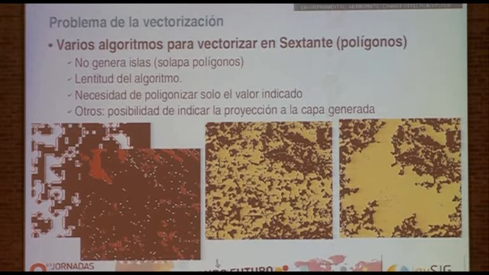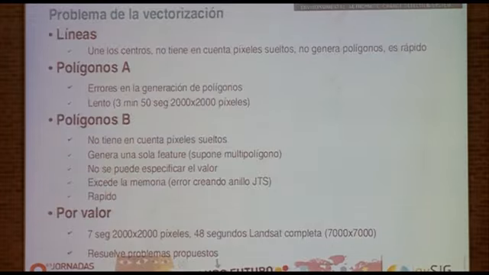It's true that type B, in red and black, is the format giving the best representation, but there are left pixels, so it can also cause some problems, and it is generating only one file, and it's very difficult to specify the value that you want to transform into polygons.